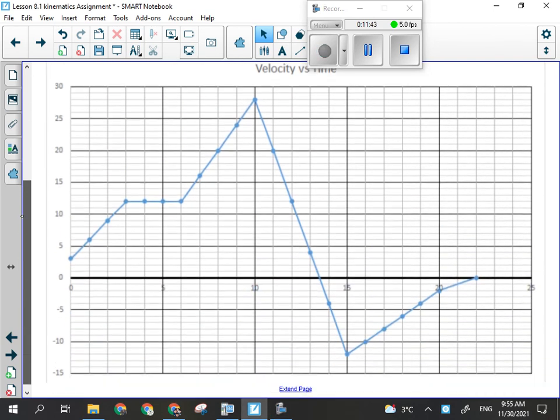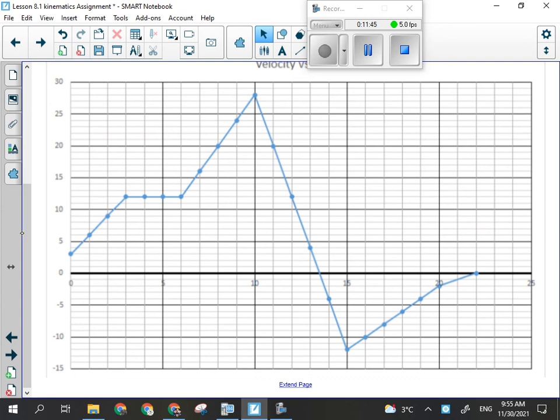So total displacement over the whole trip, well, that's probably the longest thing to do on this graph because there's a lot of shapes here.